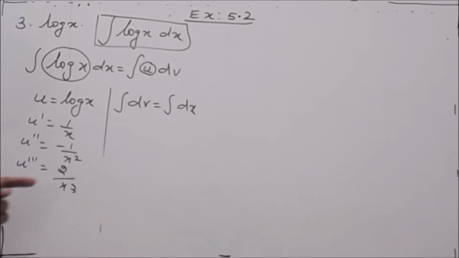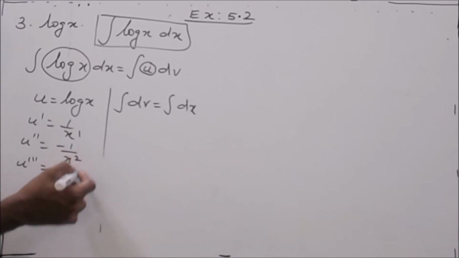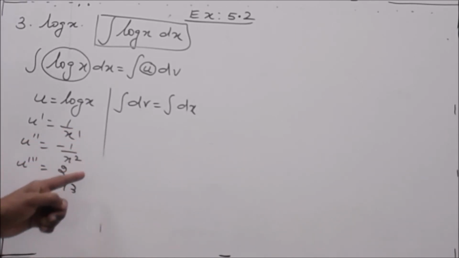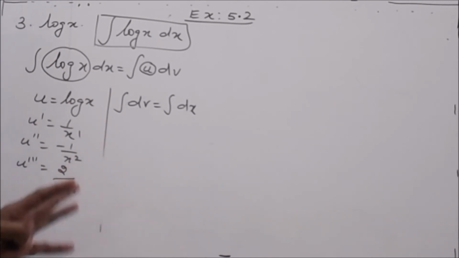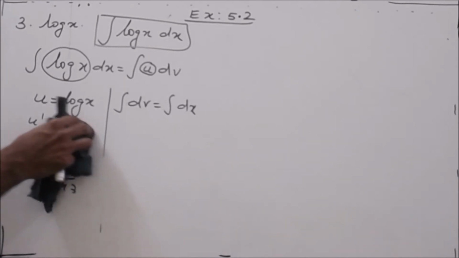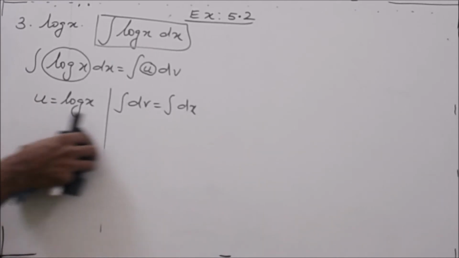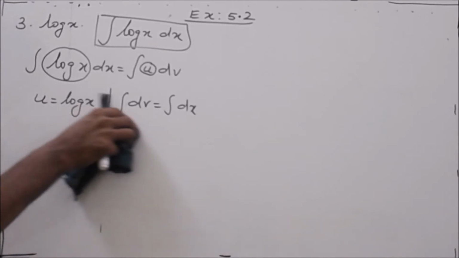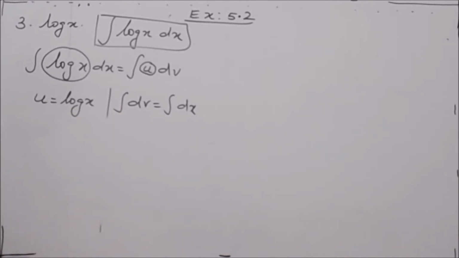Look at the denominator, its power is increasing. Here we have 1, here we have 2, here we have 3. So it will never end, and you cannot go with the Bernoulli formula. If the derivative of u ends at a point, you can choose Bernoulli. Here it is impossible, so we choose another formula, that is integral u dv equal to uv minus integral v du.